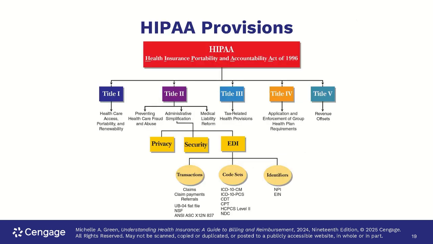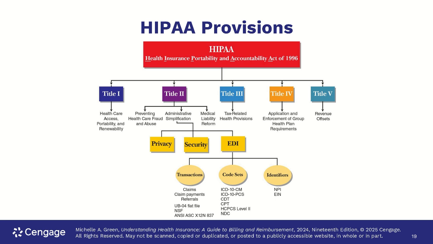So in the textbook, they have this really cool diagram, which you're seeing right now, which shows you the 5 titles of HIPAA. And the title that we are particularly concerned about is Title 2. And Title II has three parts: preventing healthcare fraud and abuse, administrative simplifications, and then medical liability reform.